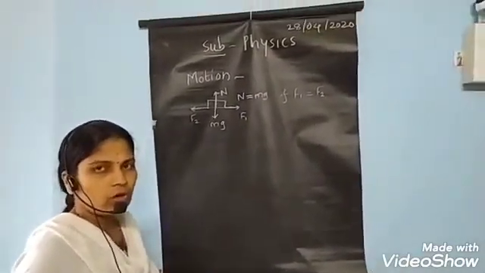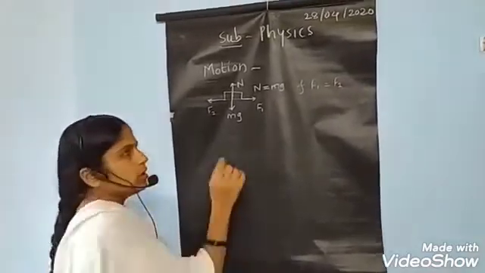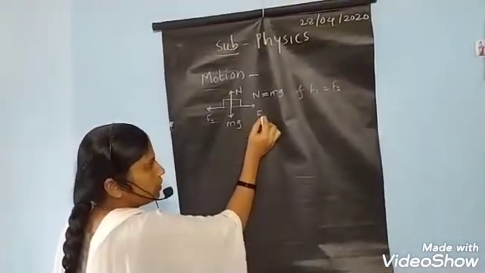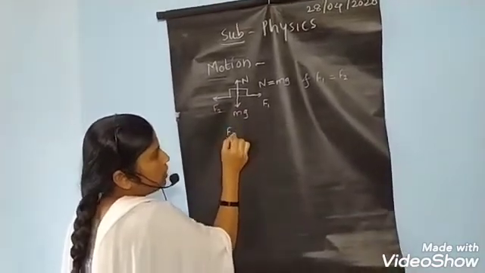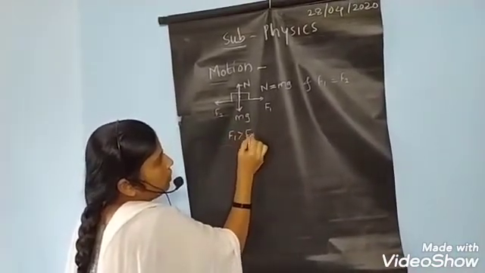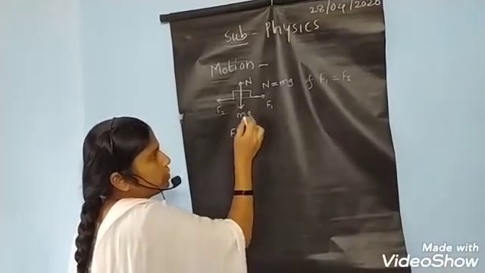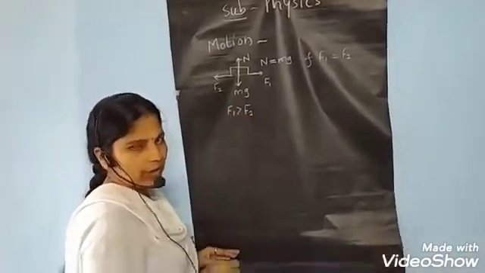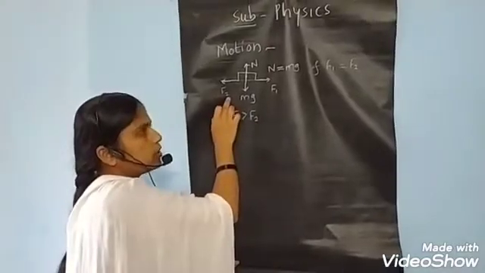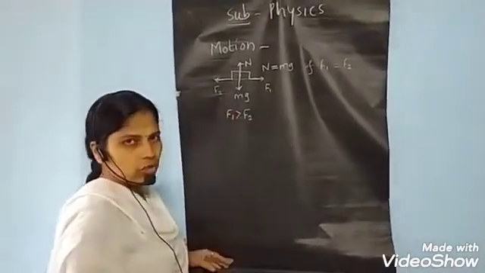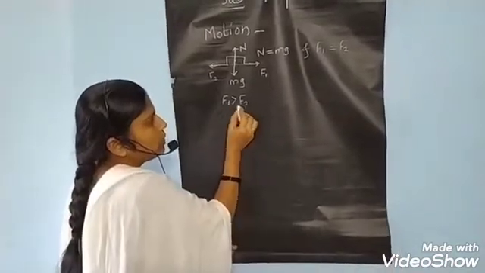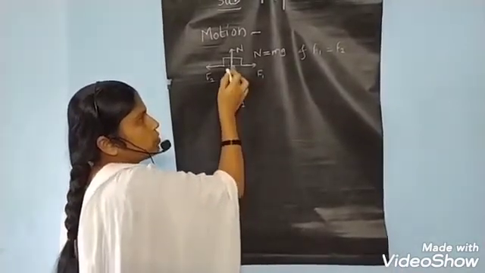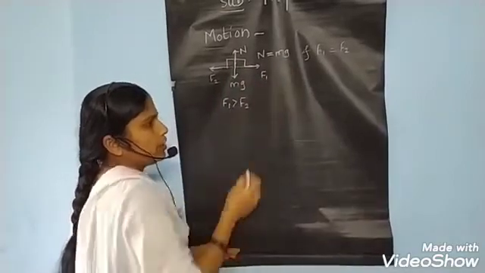The force causes the motion. If F1 is greater than F2, then the object moves in the forward direction. The opposing force F2 is the frictional force or any other type of force.